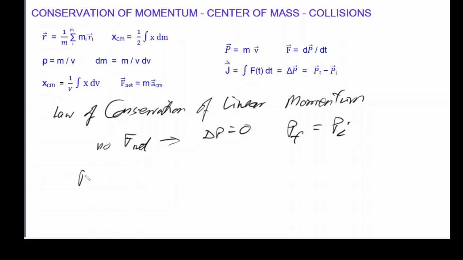We also know that your total momentum is equal to the sum of the momentum of each particle, which is equal to mass times the velocity of each particle.